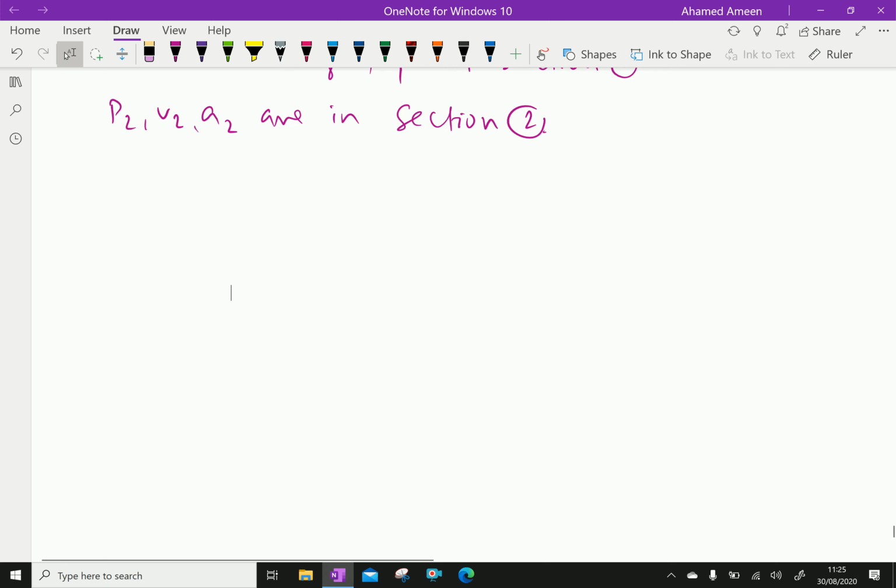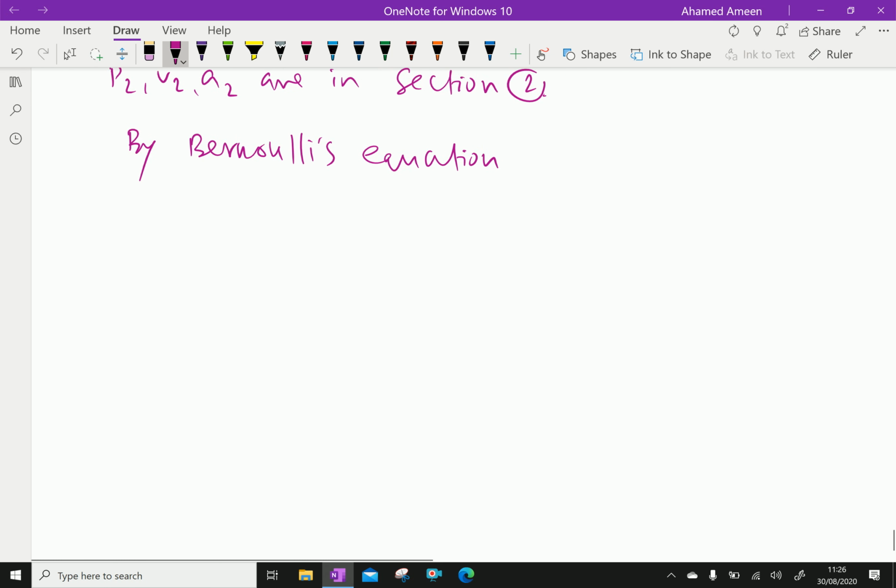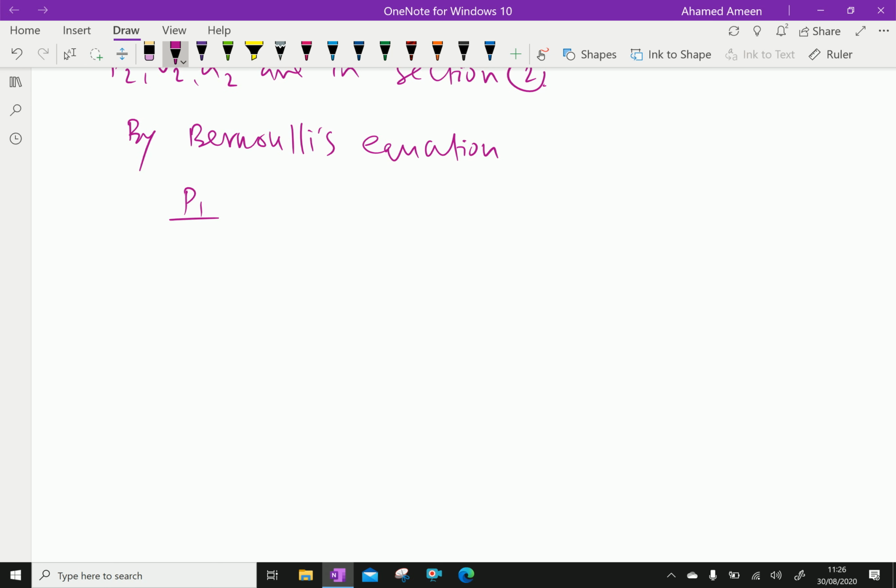By applying Bernoulli's equation at 1 and 2, we have P1 by rho g plus V1 squared by 2g plus datum Z1, equals P2 by rho g plus V2 squared by 2g plus Z2.